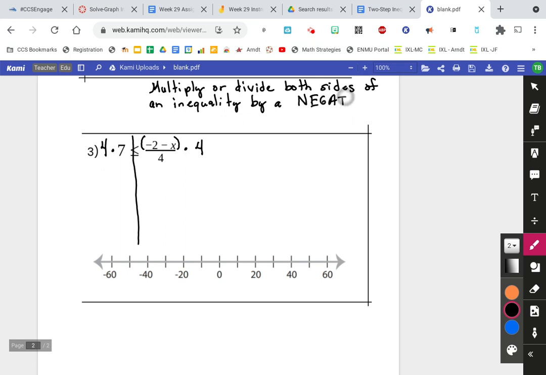That's why I really need you to really consider what you're doing. You must reverse the inequality symbol.